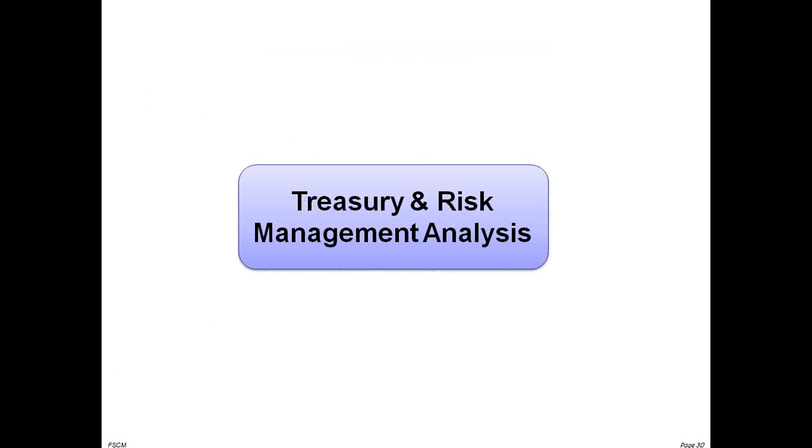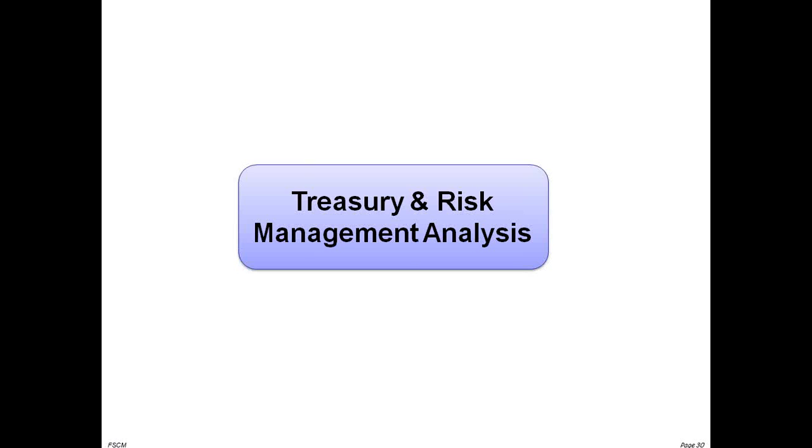Now we are at the end of, not completely done, but at the last component of the overview of FSCM: treasury and risk management analysis. Business process wise the applications are heavy, and there are so many opportunities or investment instruments available, and the business has to analyze which is the best one to get more yield for the company.